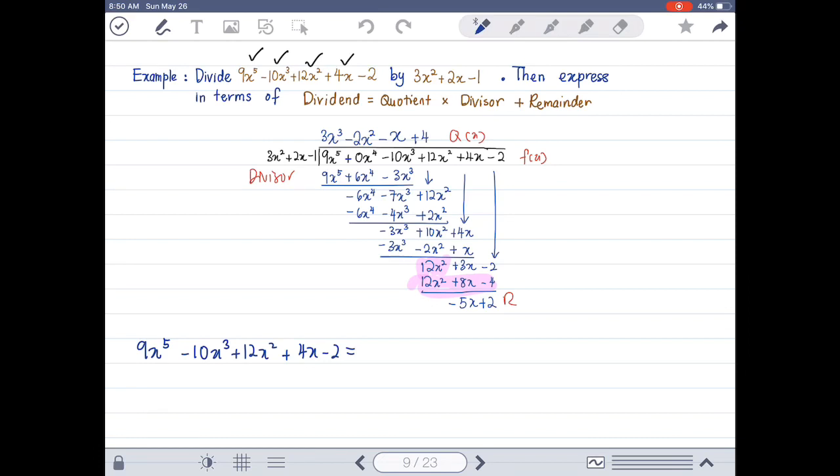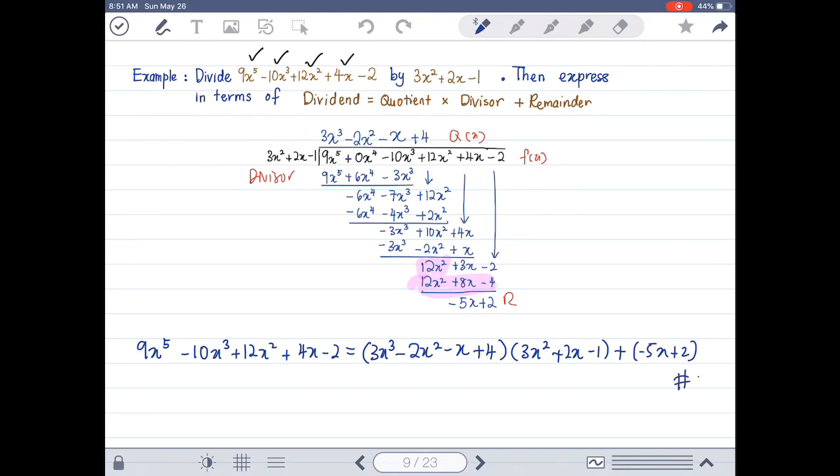That is our dividend, so it equals our quotient, 3x to the power of 3 minus 2x squared minus x plus 4, times our divisor, 3x squared plus 2x minus 1, plus our remainder. Our remainder is negative 5x plus 2.